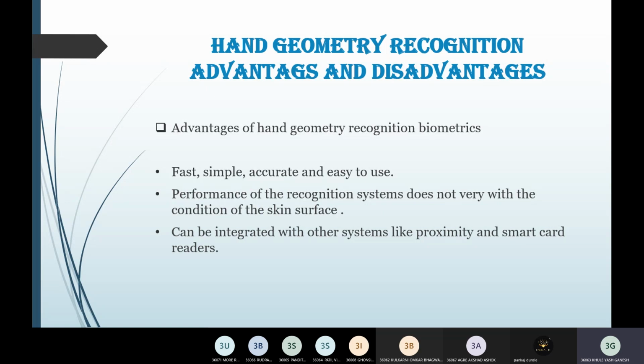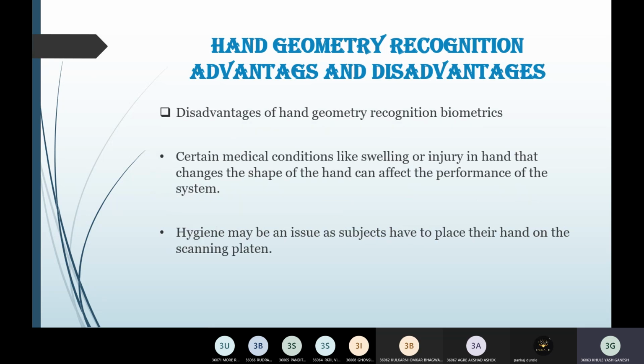The performance of the recognition system does not vary with the condition of the skin surface, like skin color, dirty skin, diseased skin, or wet or dry skin. Hand geometry recognition systems can be integrated with other systems like proximity and smart card readers.